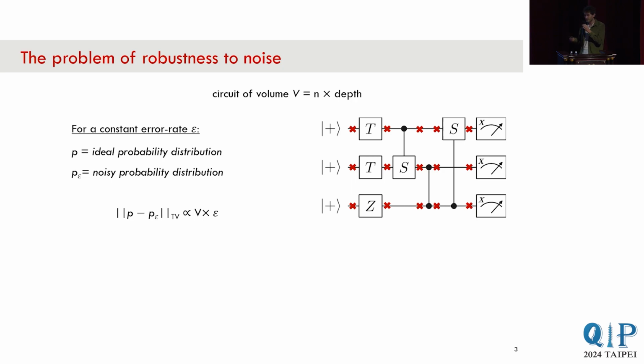The problem here is that the total variation distance between the ideal probability distribution and the noisy one can in general increase as high as V times epsilon, so the volume of the circuit times the error parameter. Of course, the problem is that you wanted the error to be below some constant for classical hardness, and here you have something that can increase with the number of qubits. So this means that you do not have any insurance that you remain in the quantum supremacy regime, and to some extent a classical algorithm could exist that samples from those noisy circuit families.